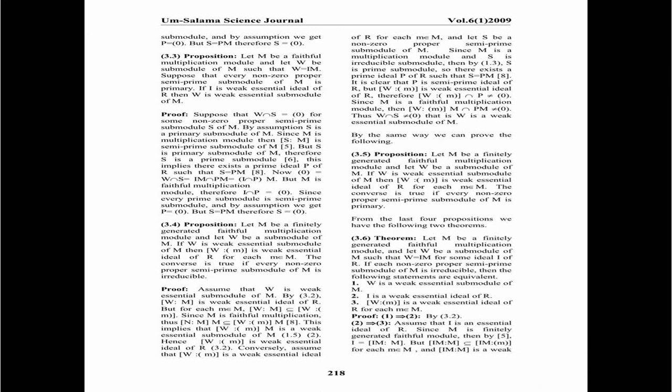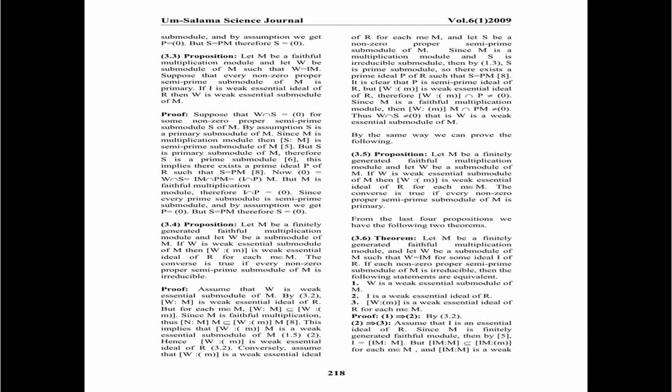Also, there are some other results about weak essential in the class of multiplication modules, such as theorem 3.6. Let M be a finitely generated faithful multiplication module, and W a submodule of M such that W equals IM for some ideal I of R. If each non-zero proper semi-prime submodule of M is irreducible, then the following statements are equivalent. 1.